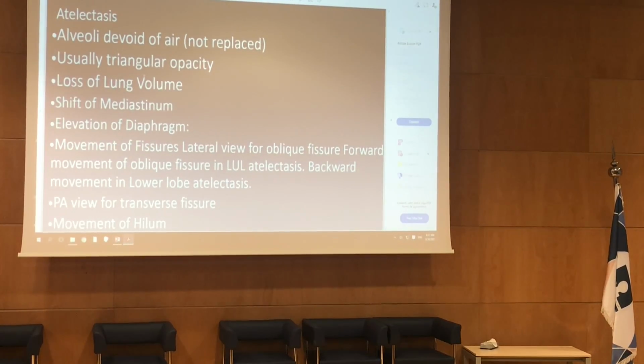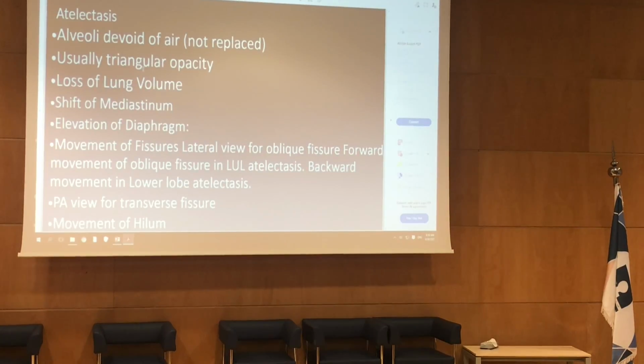So the lung is not the same size anymore, right? There is loss of space, and something has to fill in this place, right? So what will fill the place of the lung that has collapsed? The mediastinum will shift towards this area. The heart and the vessels and the trachea will go to the side of the atelectasis, and the diaphragm will go up.